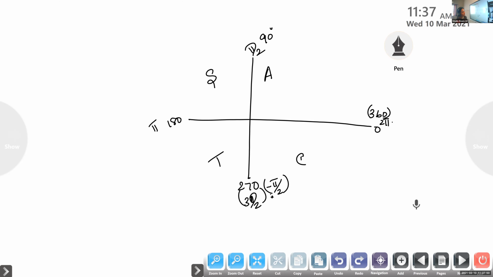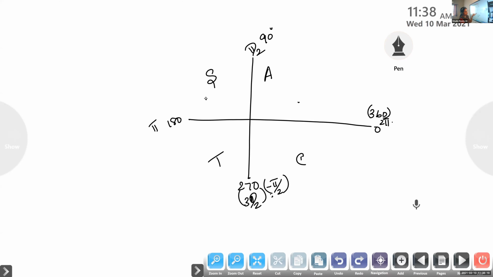The principal value branch of cos inverse is 0 to pi. 0 to pi means the first quadrant and the second quadrant.